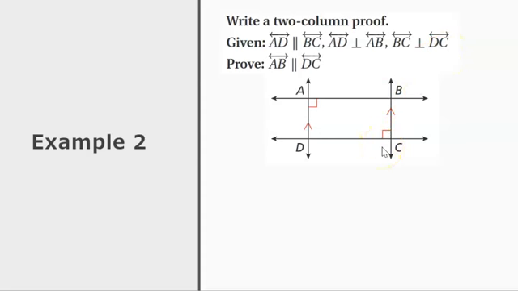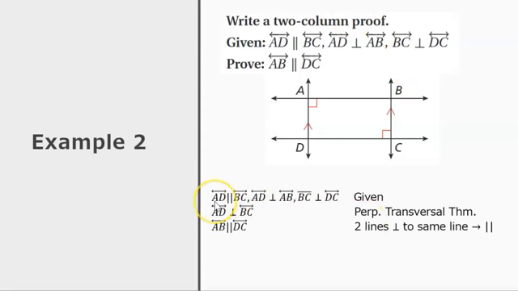Notice in the diagram, they've given us all of that information. We have our parallel lines here, we have one of our perpendicular lines right there, and the other one down here. And they want us to prove that AB is parallel to DC. So I recommend pausing the video, trying to do that, and then hit play to see if you're right.